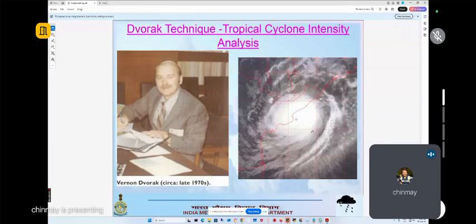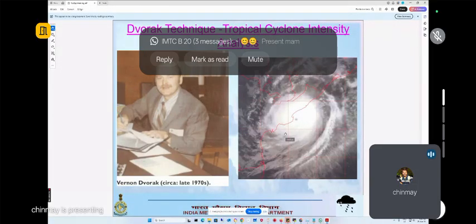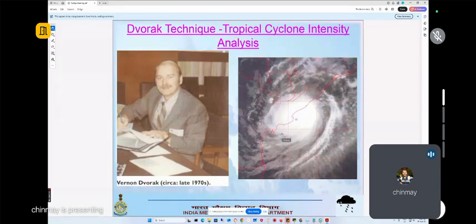So whatever it is, the aircraft is confirming the actual wind speed, the best possible measurement, say 100 knots for this particular case. And now you also have the satellite imagery associated with it. So when the wind speed is 100 knots, how does the cyclone appear in the satellite imagery? He tried to analyze this, and then he came up with this particular technique.